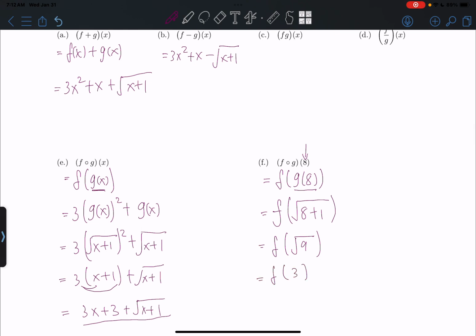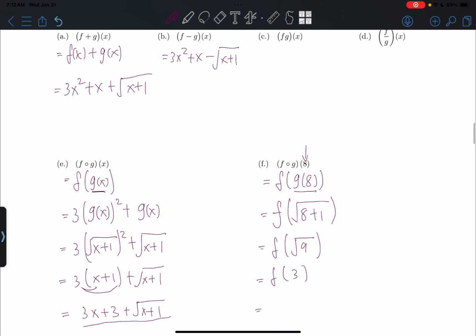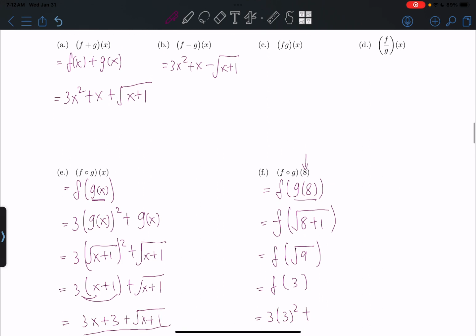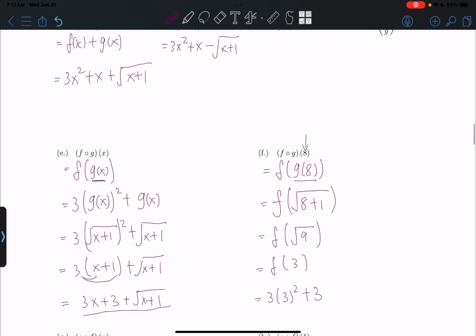Now we apply f by plugging in 3. So we got 3 squared plus 3. Check that real quick. Okay.